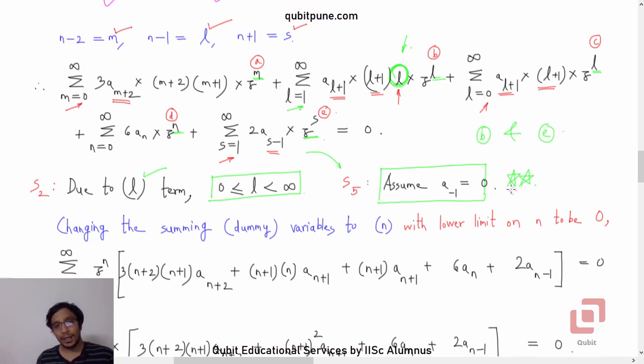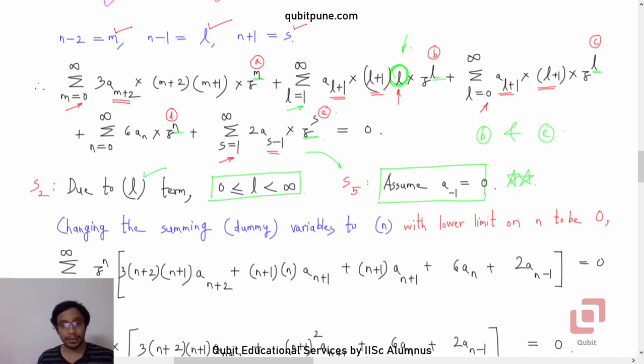Now, having achieved what we wanted, that is 2 things. First, writing down the powers of the x minus x naught term, or the z term, as the summing variable, first objective. Second objective is we have obtained the lower limits of all 5 sums to be zeros.